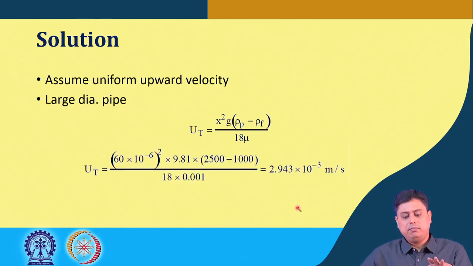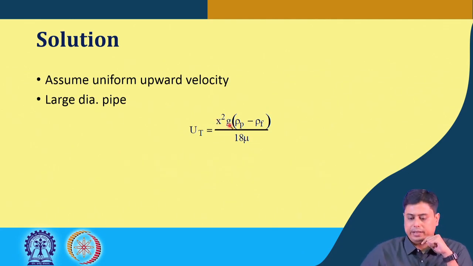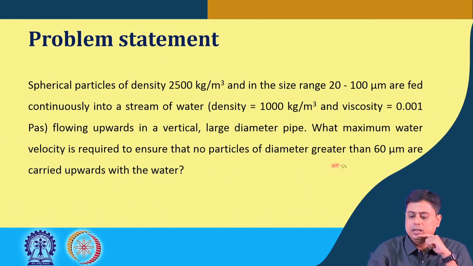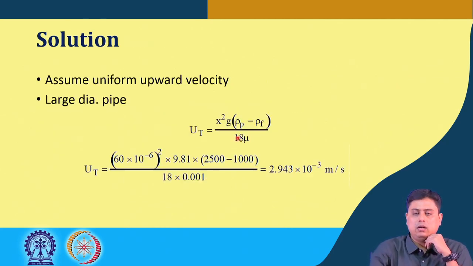If we simplify this for the diameter of 60 micron, beyond which no particle should go out of the pipe with water, replacing the numerical values, we get a terminal velocity of this much.